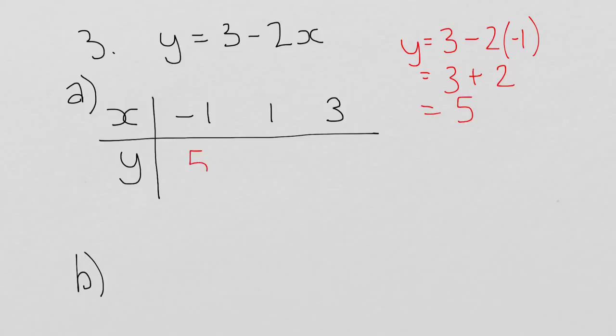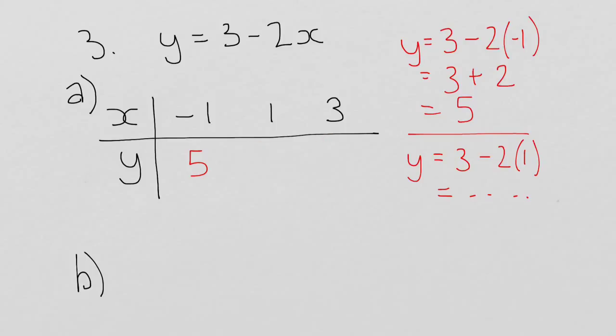So y will equal 5. Next one, y equals 3 minus 2 times +1, which equals, you can work that out and write your answer in there. And then do the same for 3.